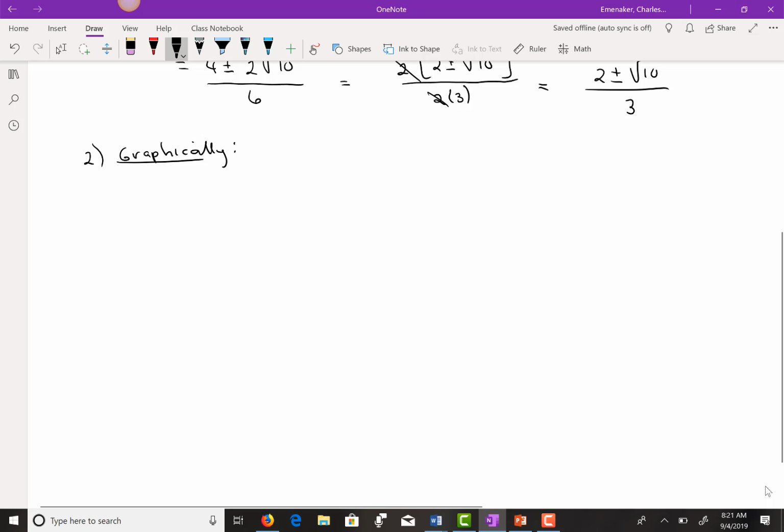In your calculator, you just, for y1, plug in 3x squared minus 4x minus 2, and you graph it. When you graph it, you're going to get some kind of a graph that goes like that. Depends on the window as to exactly what it looks like, but it's definitely going to drop below the x-axis as well as being above the x-axis.